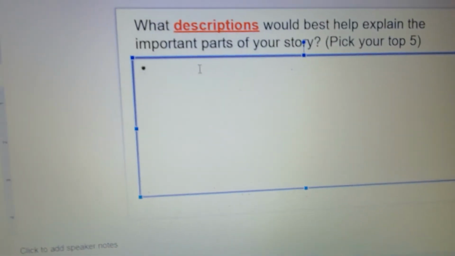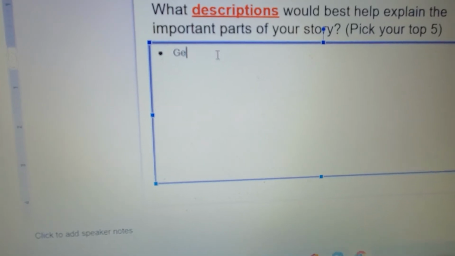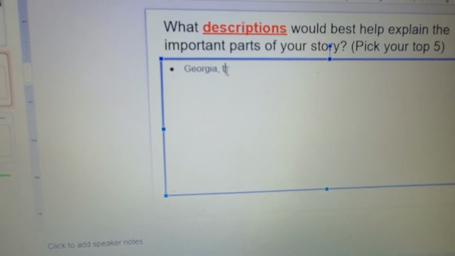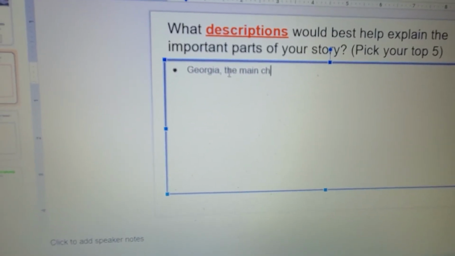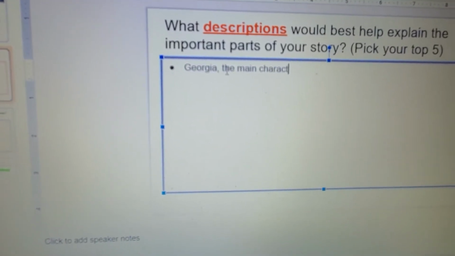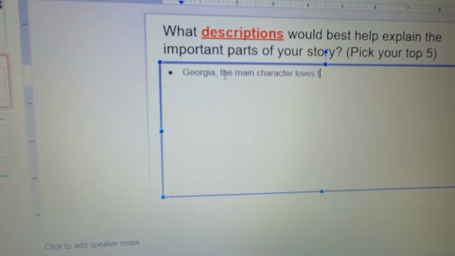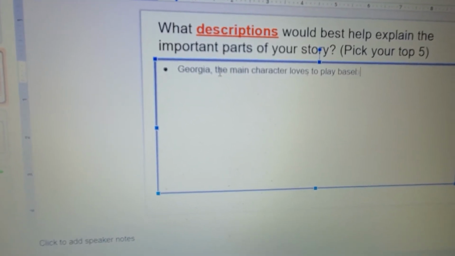So I would write in my descriptions, Georgia, and I would say she's the main character. Loves to play baseball.